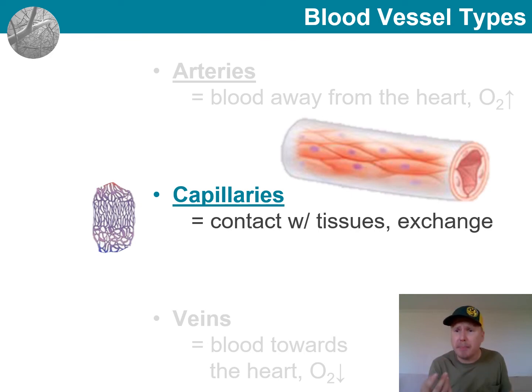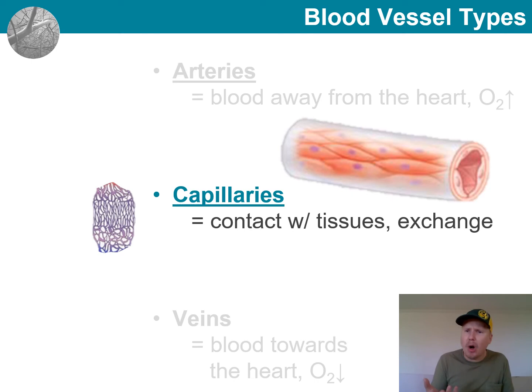And another important thing to note is that the walls of these vessels are made of only the tunica intima layer. So there is no media or externa in the capillaries. And there is a reason for this. The small diameter and the thin wall allow efficient exchange of the materials from and to the blood.